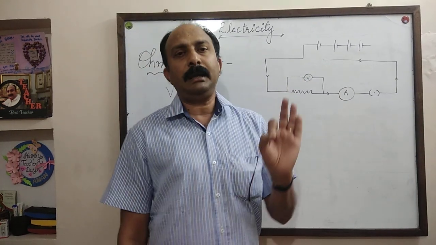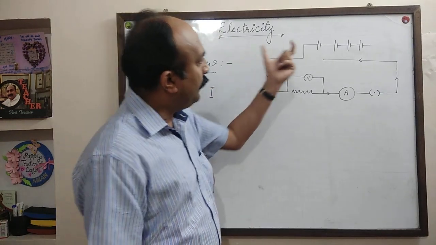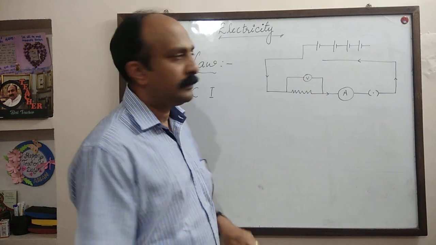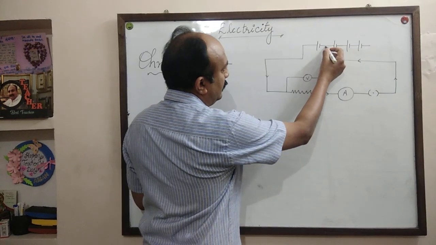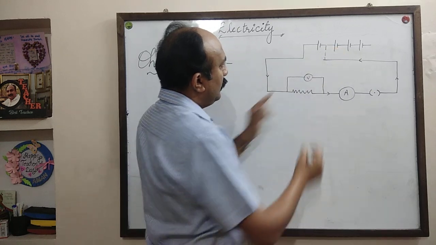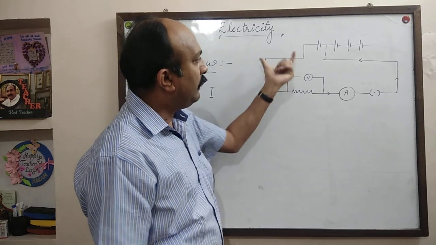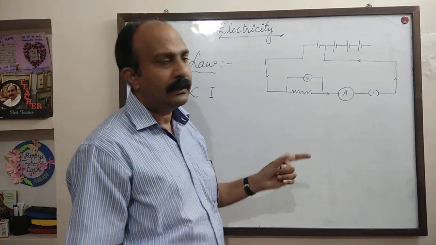In order to begin the activity, first of all, we will connect the first cell in the circuit. Only the first one cell is connected to the circuit. So, what is the voltage now in the circuit?